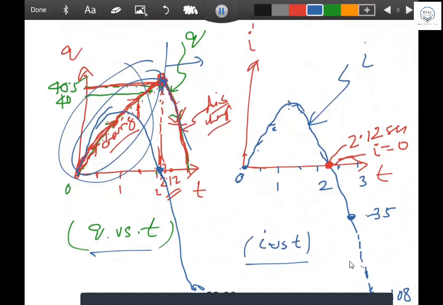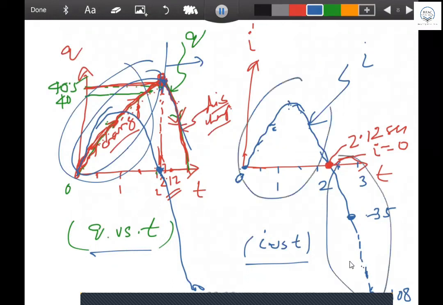That's why current is negative during the discharging time. This is the charging time current nature, and this is the discharging time current nature, which is negative. Now the guy who told me negative current, it is indicating the discharging current. That's why it is negative.